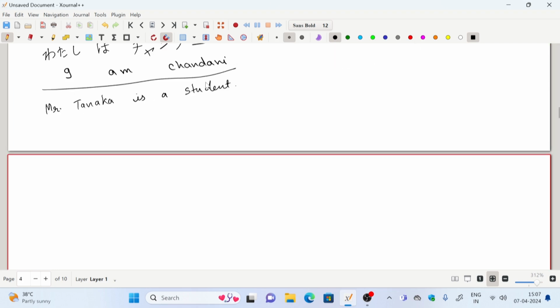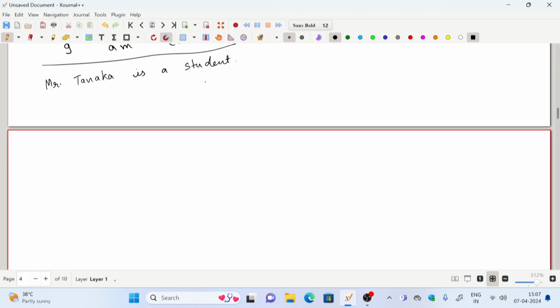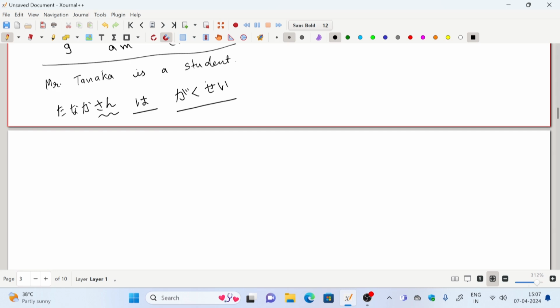In Japanese, after taking anybody's name, we put san to show respect towards the person. So Tanaka-san wa, topic particle. Student is gakusei. We write gakusei, but we read it as gakusei. So gakusei desu. Tanaka-san wa gakusei desu. Mr. Tanaka is a student.